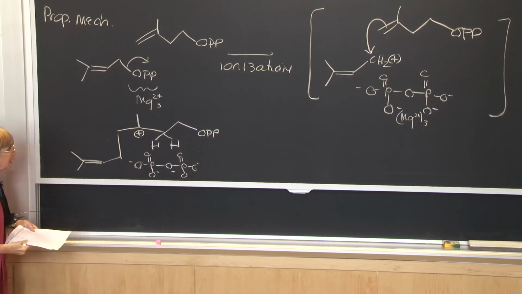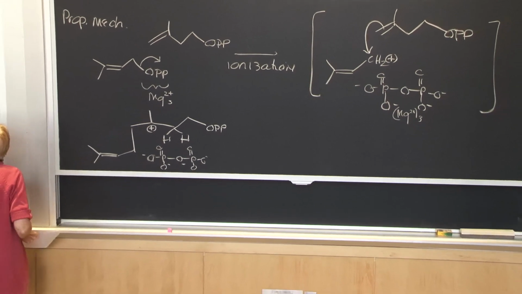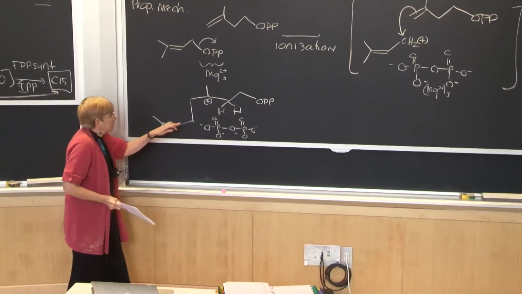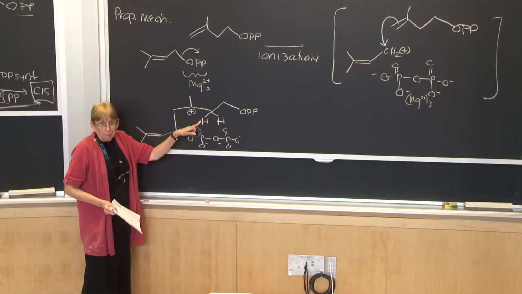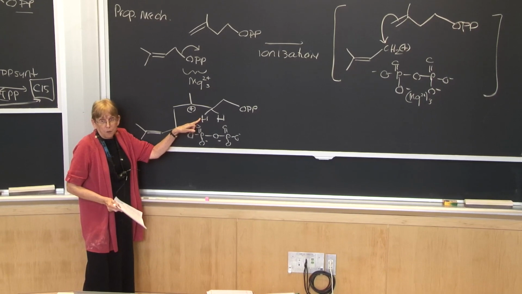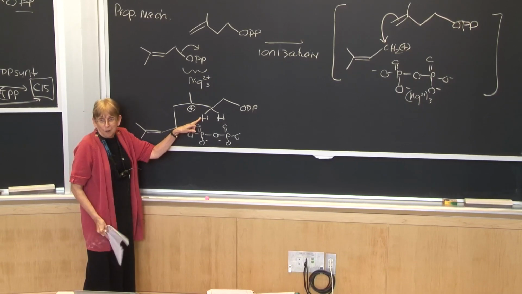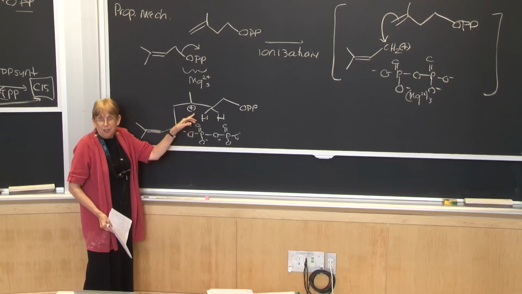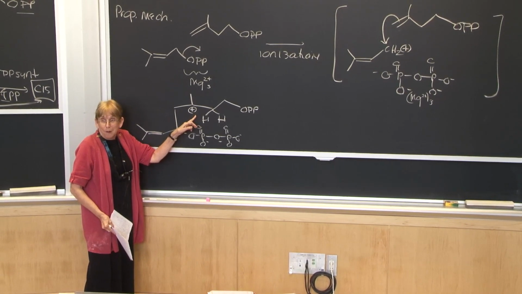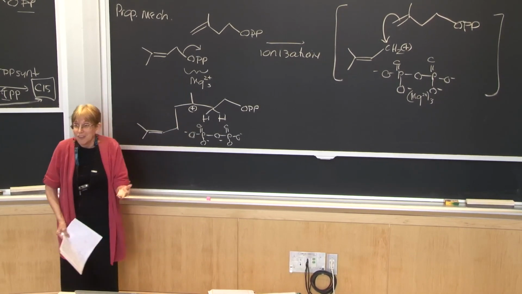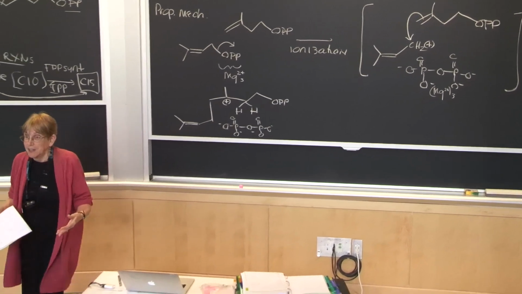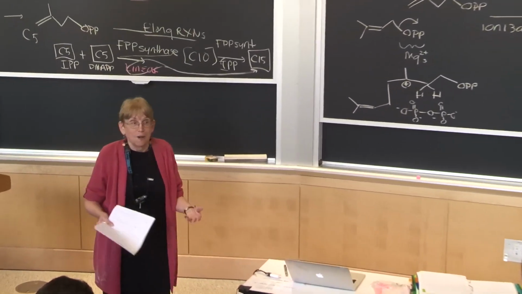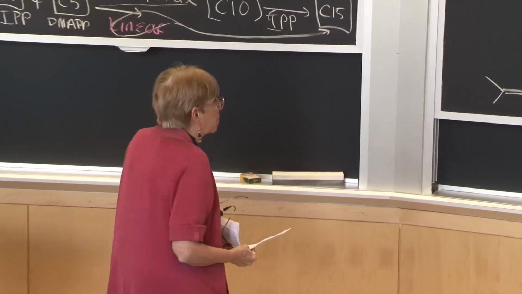Okay, and so now what we're ready to do is we're going to form our C10, geranyl pyrophosphate. And we'll see one of the types of reactions that you see over and over again when you make carbon-carbon bonds is loss of a proton. And that gives you the C10, which is these two things stuck together, which is a monoterpene, which is called geranyl pyrophosphate.